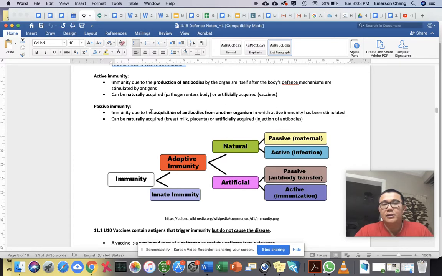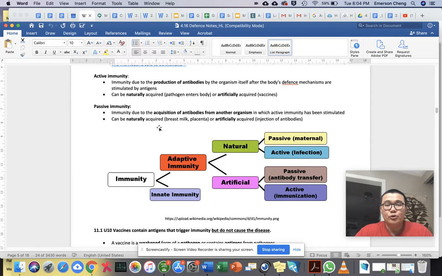This is about getting immunity from receiving the antibody from a different organism. This could be naturally acquired by breast milk or placenta. So the baby in the womb was protected by the mother's antibody.